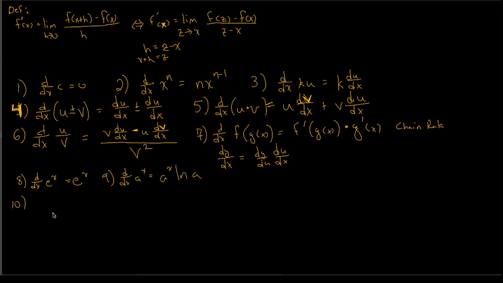We have now added to that the derivative of natural log of x is equal to 1 over x, and the derivative of log base a of x is equal to 1 over x times the natural log of the base.